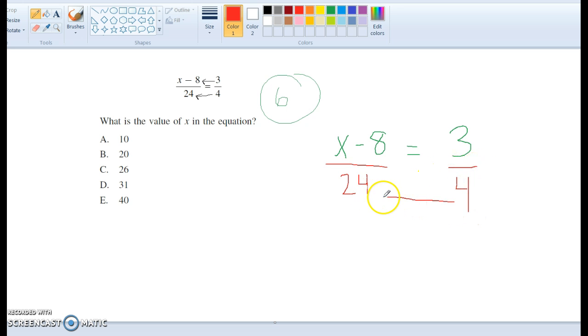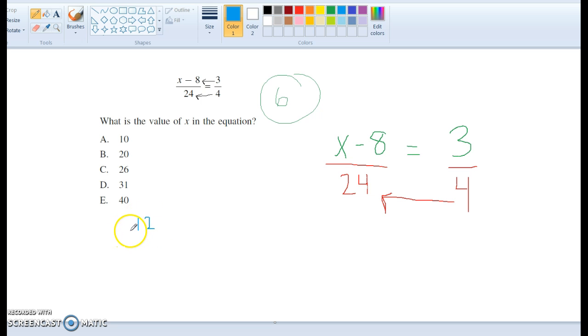So if 4 will go into 24 6 times, then 6 should go into whatever this is 3 times. Does that make sense? And the reason that works, let me show you a different fraction to show you why this works.